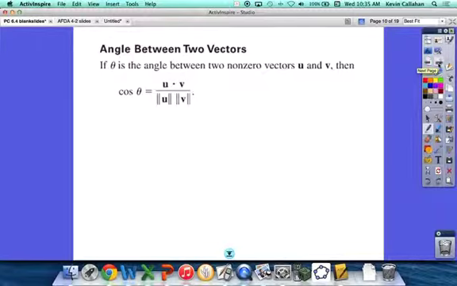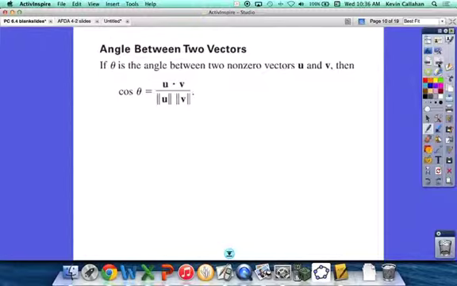Okay, so dot products become useful when we talk about knowing angles between vectors. We have a formula for the angle between vectors. The cosine of the angle between two vectors u and v, if they are non-zero vectors, so they have some length to them, is u dot v in the numerator, and the magnitude of u times the magnitude of v in the denominator. That will be the cosine of the angle.